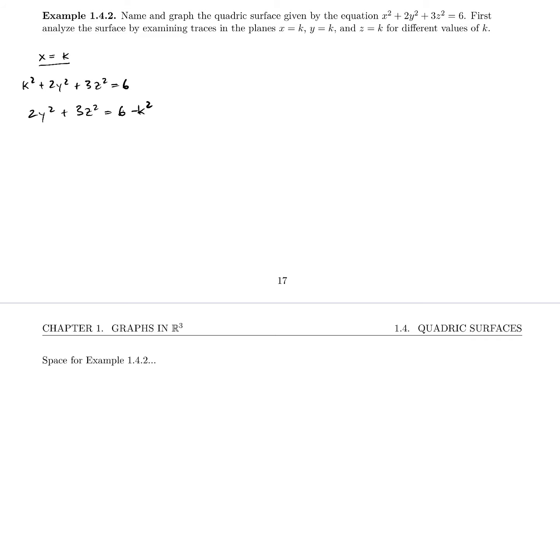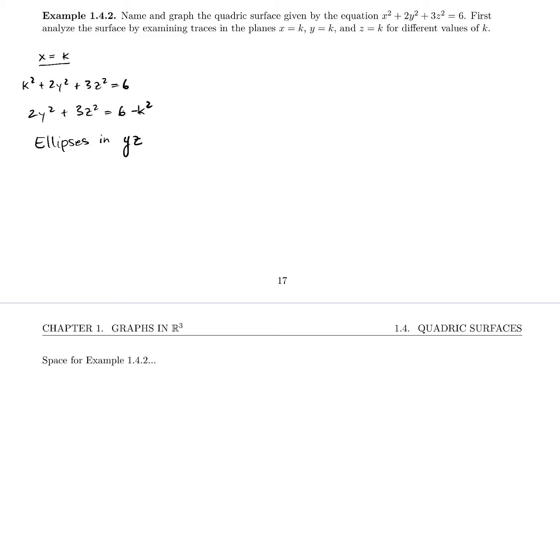That means that we have ellipses in yz, right? The variables are y and z, so every plane parallel to the yz plane, which has equation x equals k, the cross-section of our quadric surface, the curves of intersection, which are the traces, are ellipses in yz.